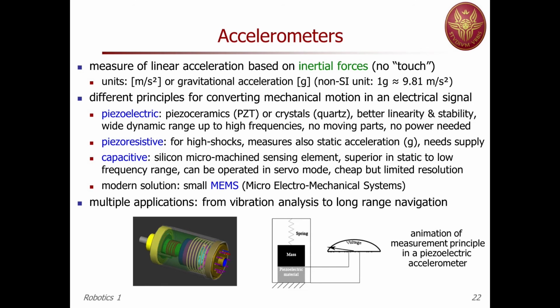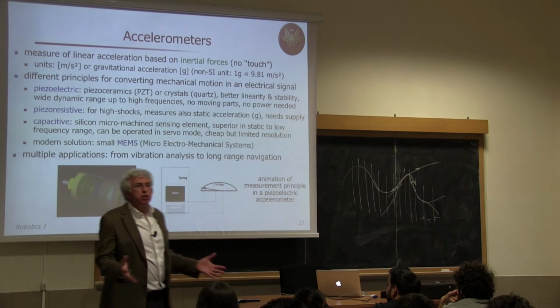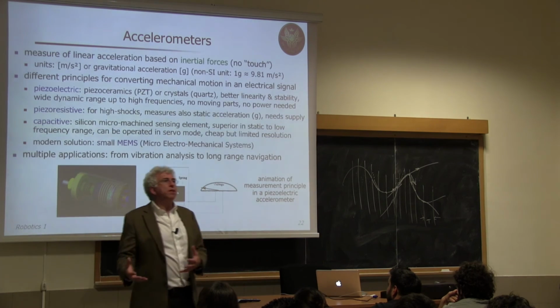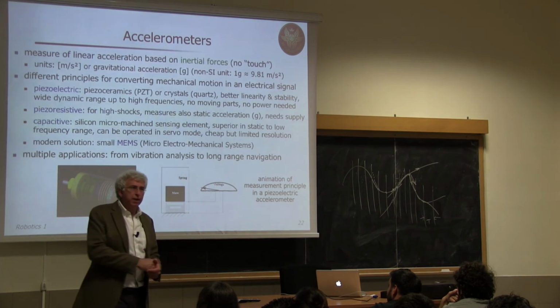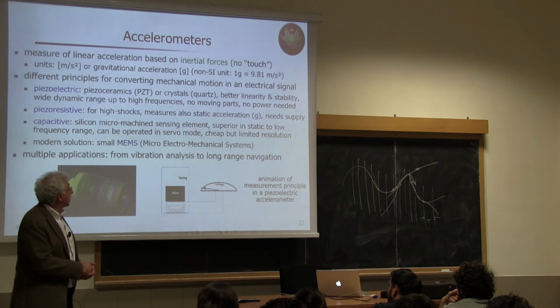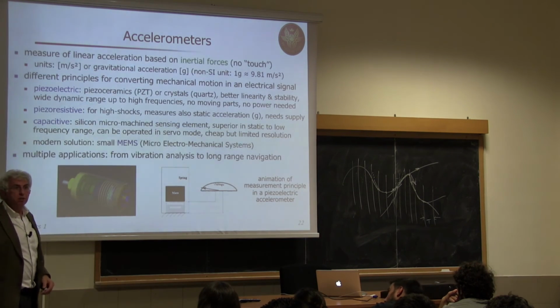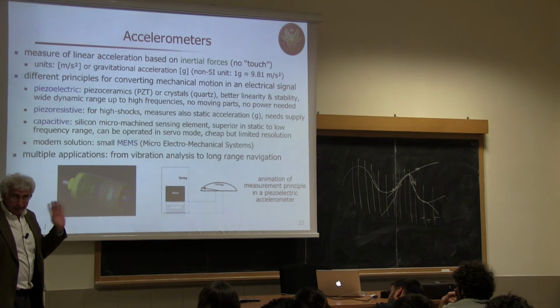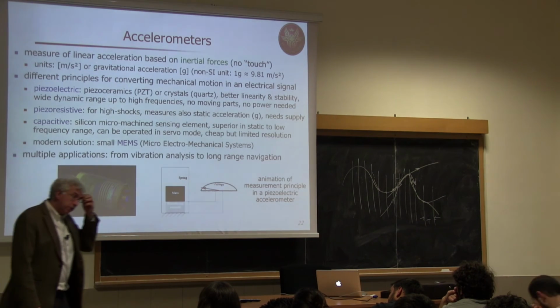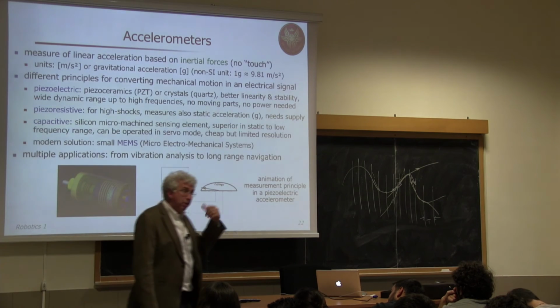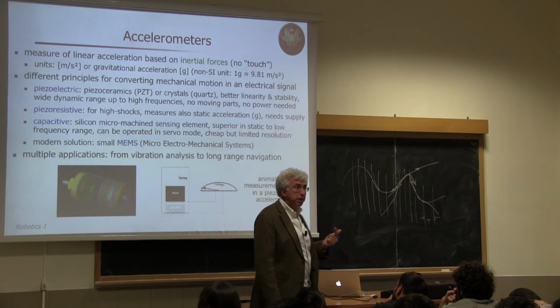Now, the principle is measuring. How do you measure acceleration? You're measuring inertial forces, and from this measurement, you infer acceleration. The unit of measure is, of course, meters per second squared. We're talking about linear acceleration, not angular acceleration. Actually, it's quite difficult to have an angular accelerometer.